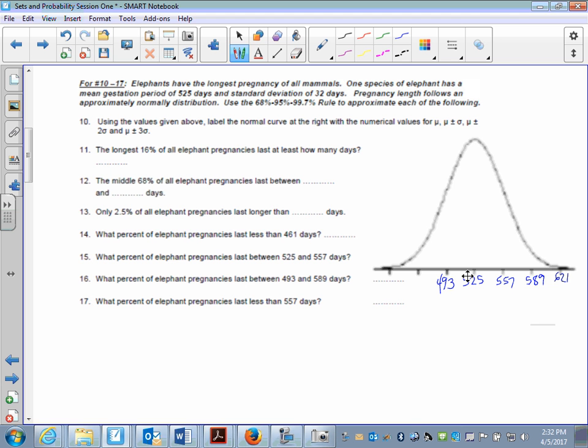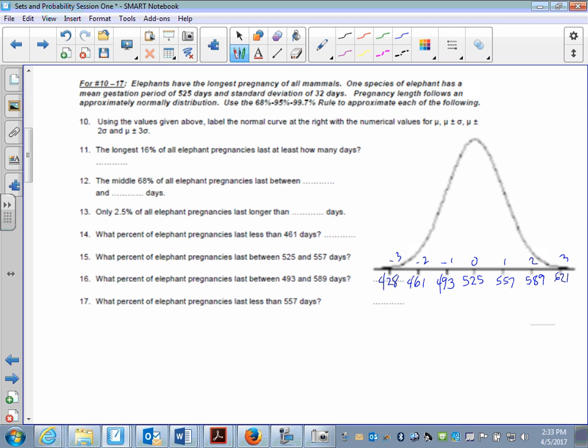Subtract 32, we get 461, and subtract 32 again, we get 429. So those are the standard deviation units. This is 0, this is 1, this is 2, this is 3, -1, -2, -3 standard deviations.